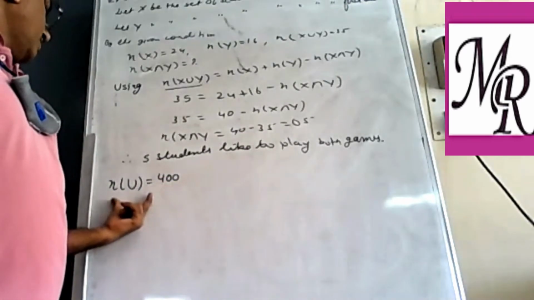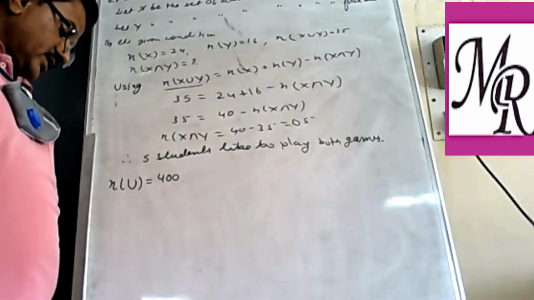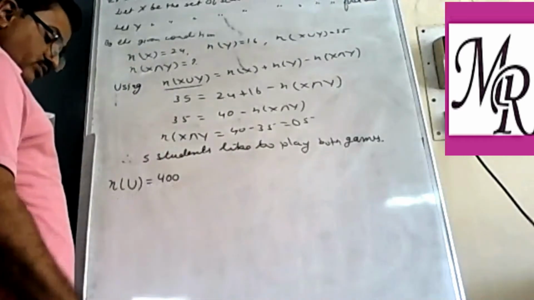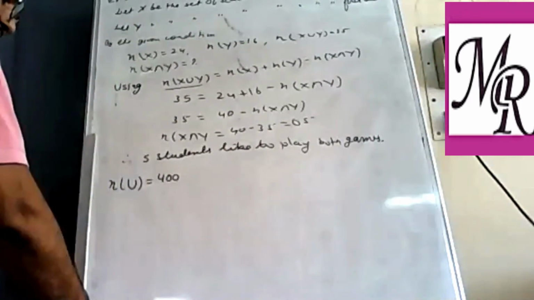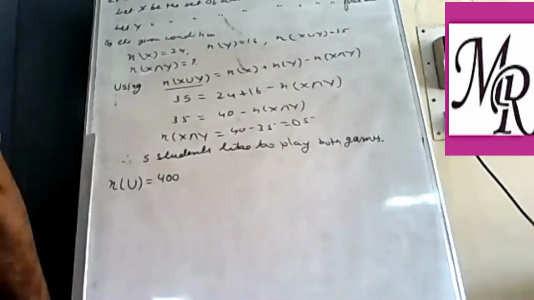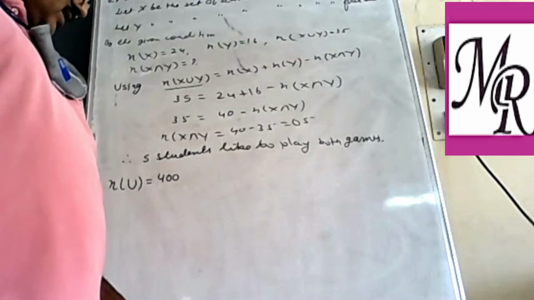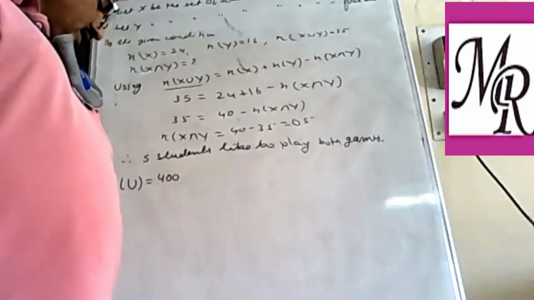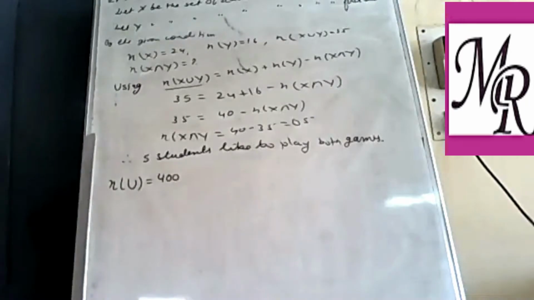So the survey is made among these. 100 were listed as taking apple juice. So there are two types of choices given, apple juice and orange juice. That is 150, and 75 were listed as taking both apple as well as orange juice. So it asks how many students were taking neither apple juice nor orange juice.